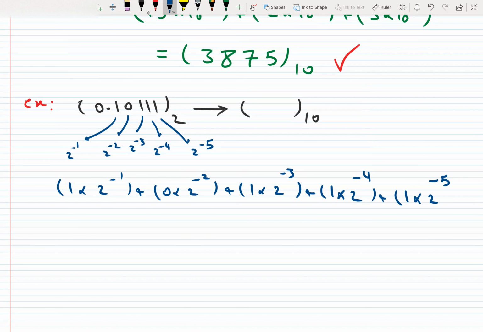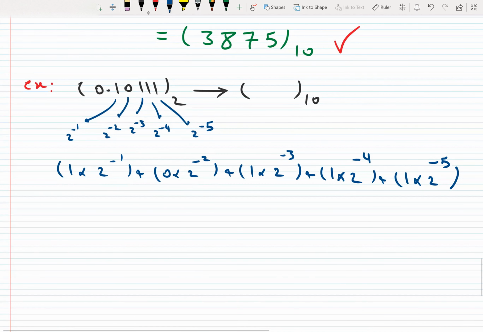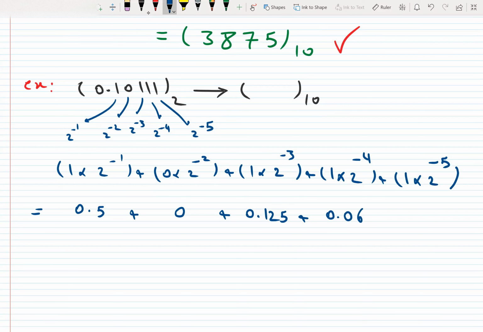Which is equal to 1 times 2 to the power of minus 1, which is 0.5, plus 0, plus 0.125, plus 0.0625, plus 0.03125.